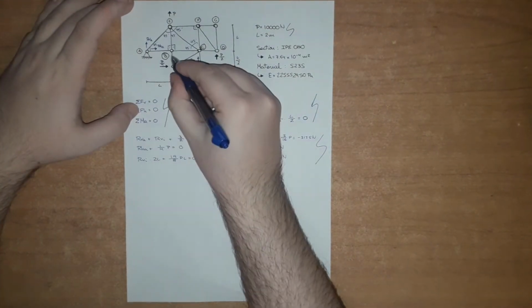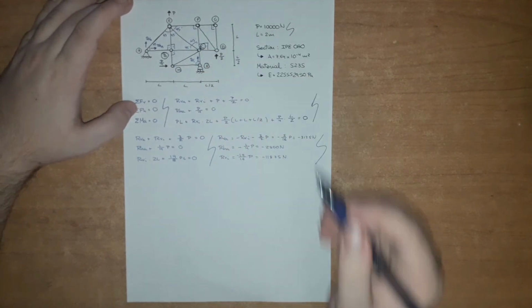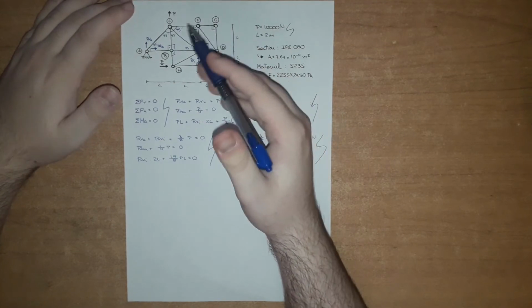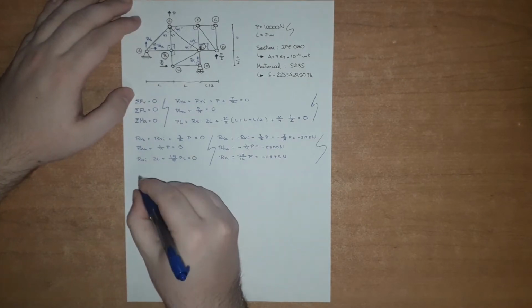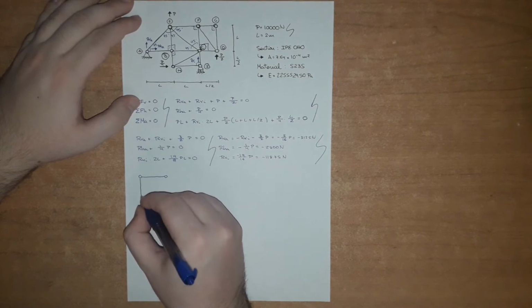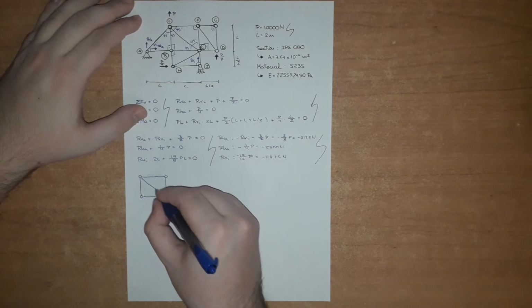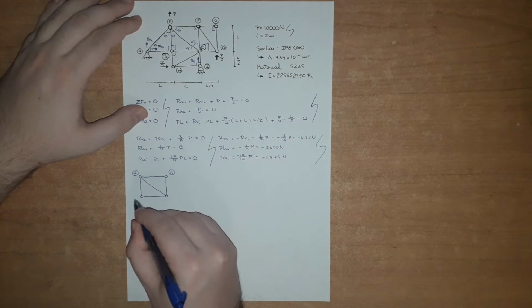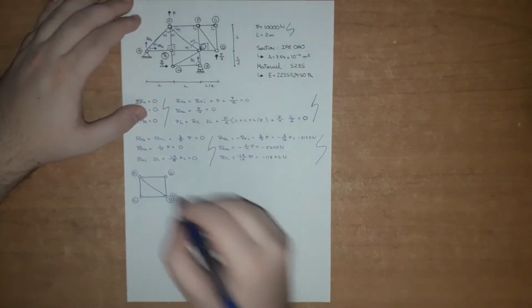However, this, this, this, and this are clearly 90, but these angles are not as clearly defined, so we'll need to compute them. This is point G, this is point F, this is point C, and this is point D.